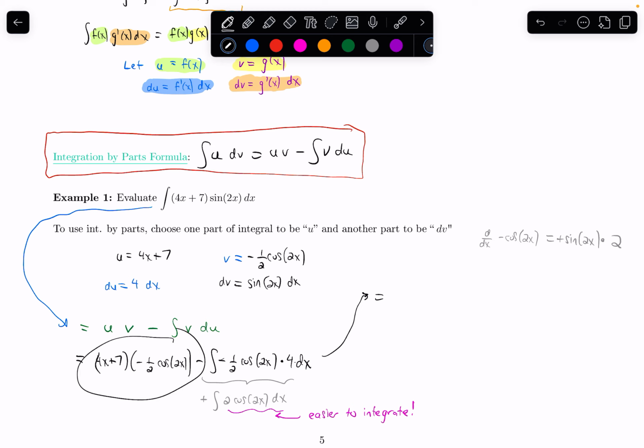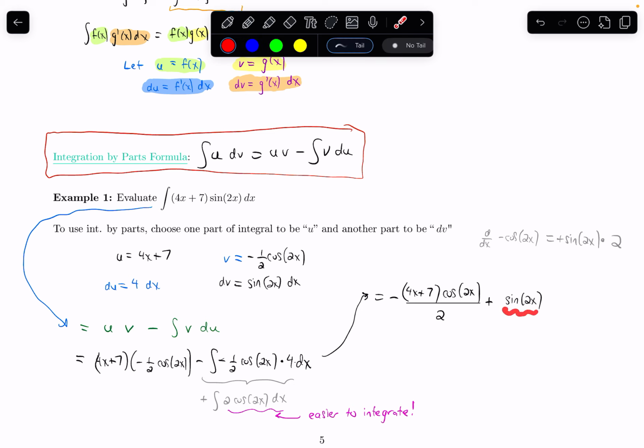So this equals, in front, let me just rewrite this. I can move the negative all the way in front, and let's write it as one fraction. (4x + 7) times cosine of 2x. Let me put that 2 on the denominator. Okay, and then the antiderivative of 2 cosine 2x. Well, that's going to be sine of 2x.